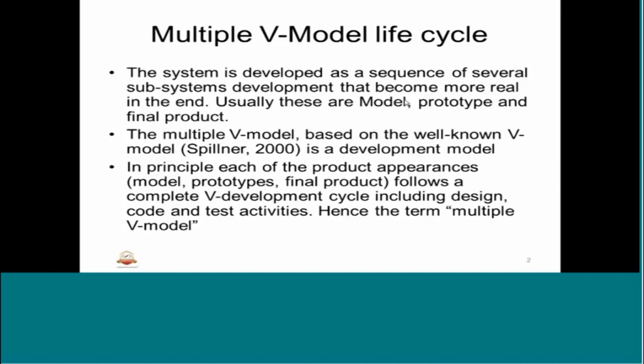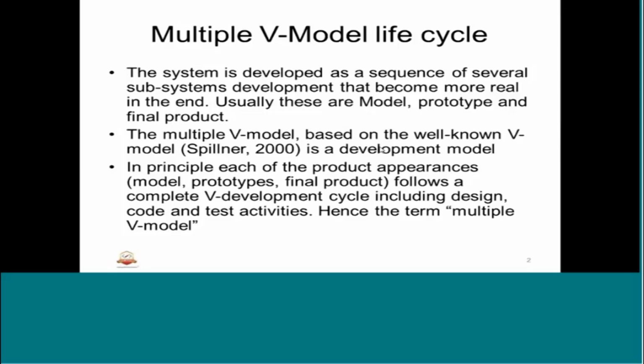So the multiple V model is based on the well-known V model. It's also called Spillner 2000, a development model. That means it covers life cycle elements: requirement, design, coding, testing. Altogether it is called a development model.